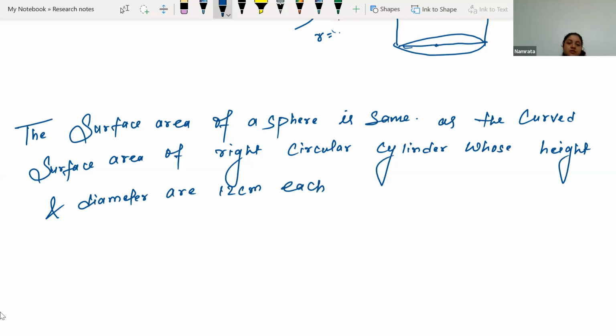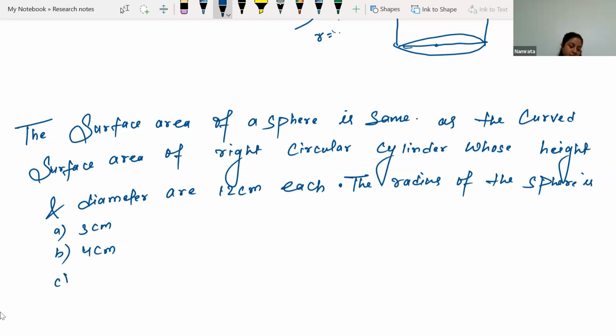The radius of the sphere is, if we go by the options, 3 centimeter, 4 centimeter, 6 centimeter or 12 centimeter.